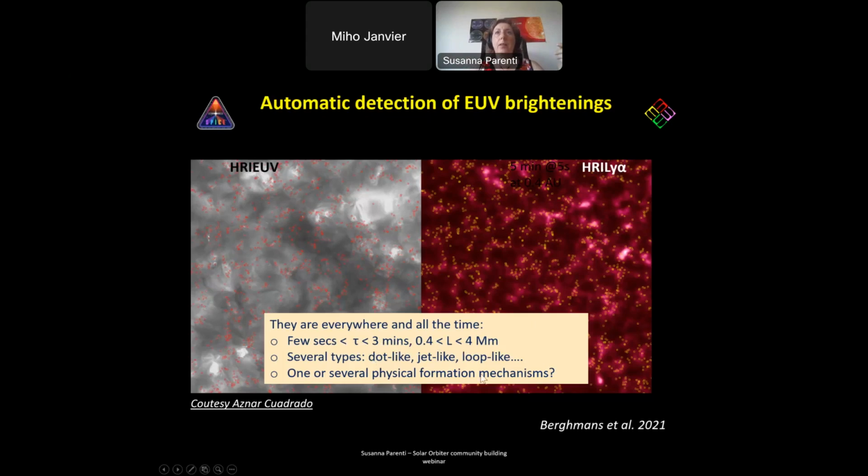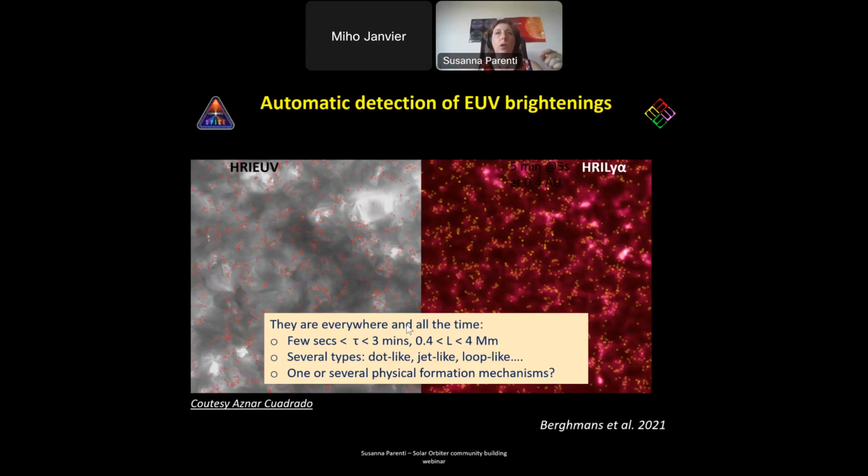They are really all different kinds, because this automatic detection is not based on a physical process, just on the gradient of the intensity. So you can collect and detect everything in this range.